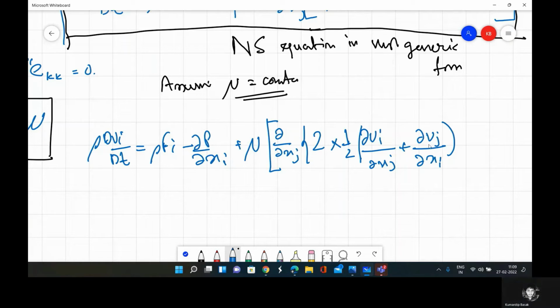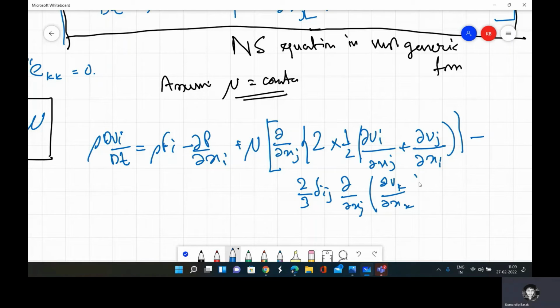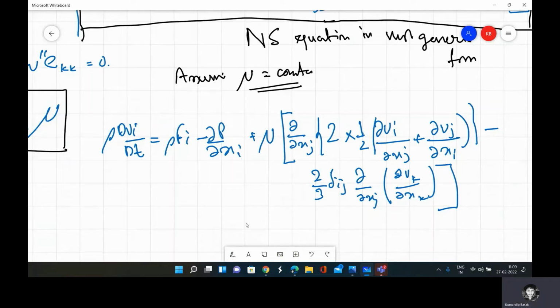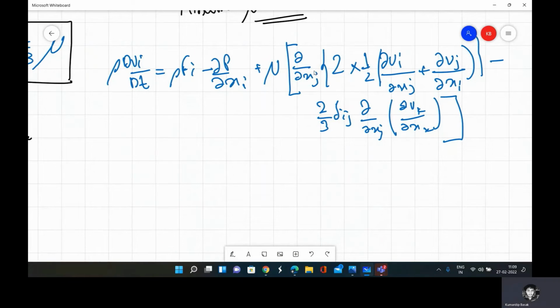Fine. And what else are we getting? Minus 2 by 3, this is the divergence part of xj, ekk is xk. Now you apply the index calculations again for this partial differential.